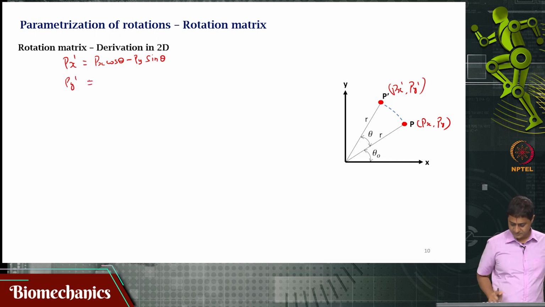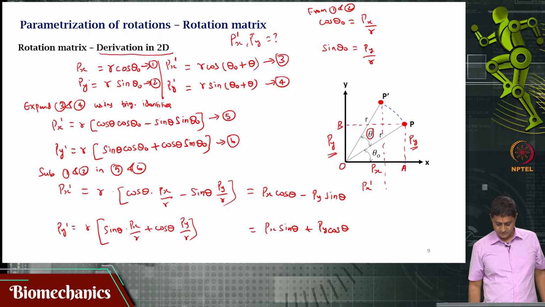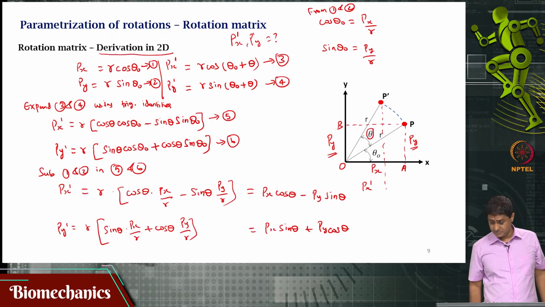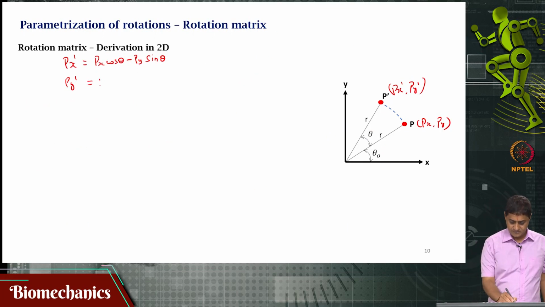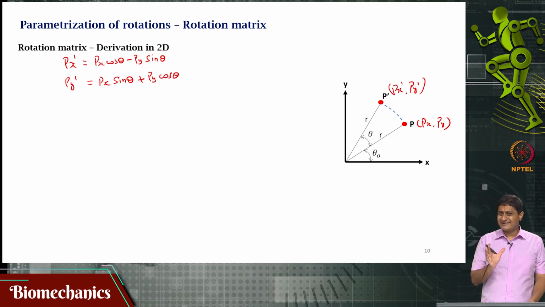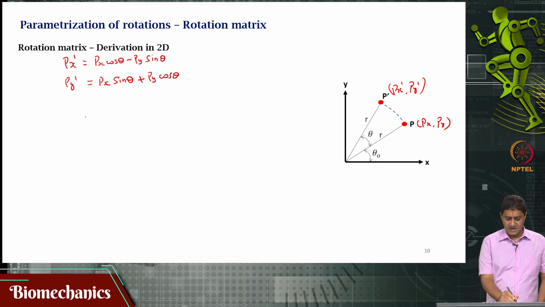Py dash is Px sin theta plus Py cos theta. Now, I can write this in matrix form and I can combine these two equations as vectors and matrix as follows.